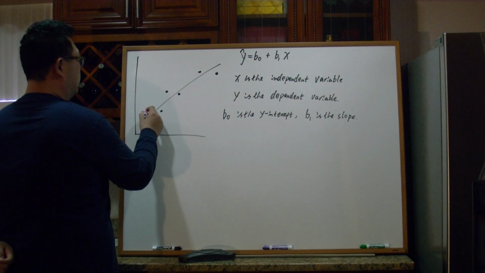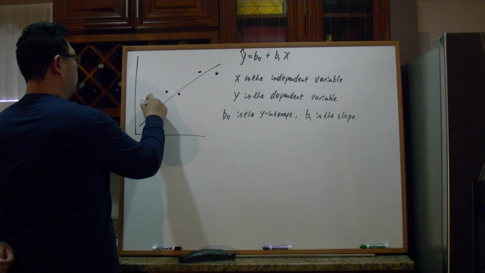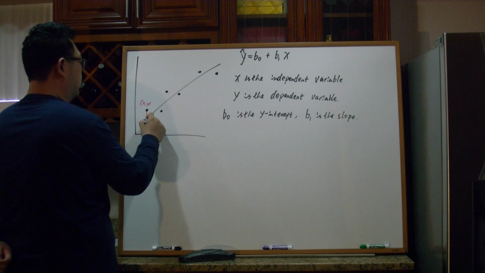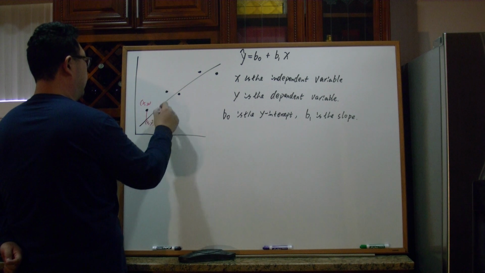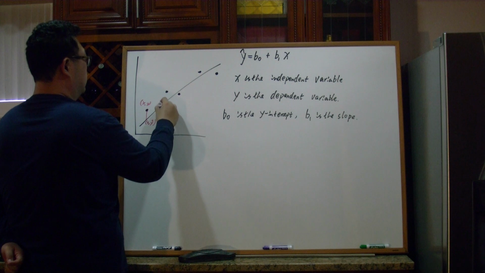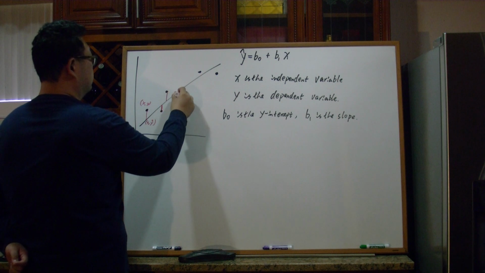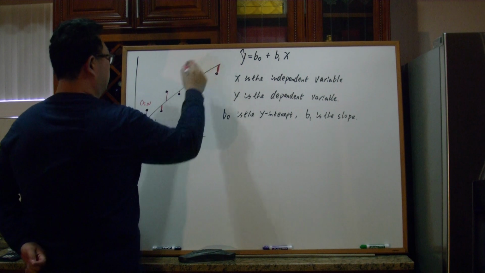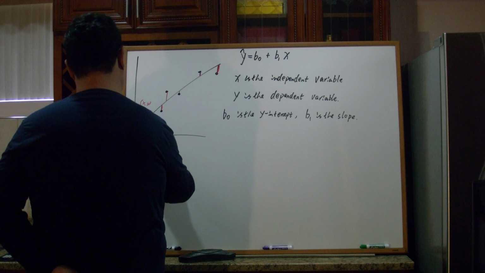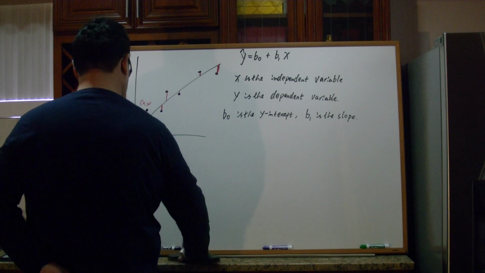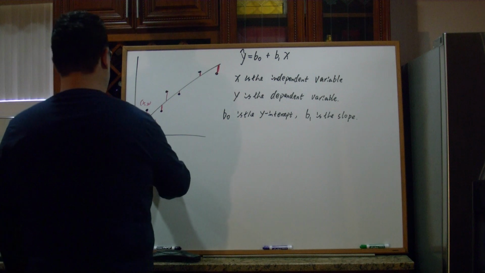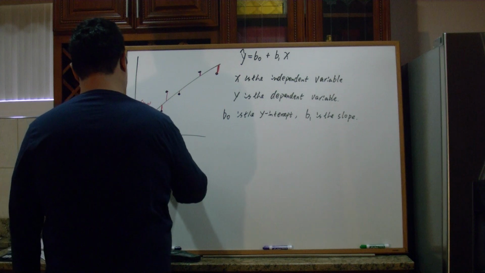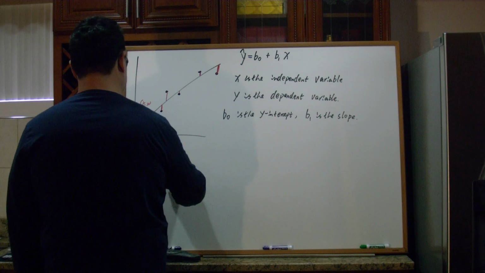What we have is, well, the point in the arbitrary has the y value, but for the line here we have the point of x, y hat, right? The distance between the points of y value data and the predicted y hat.